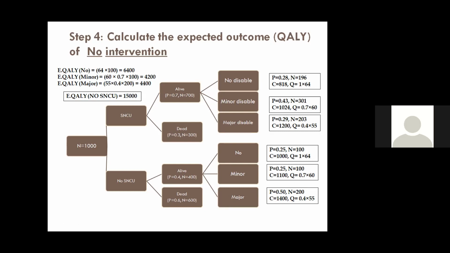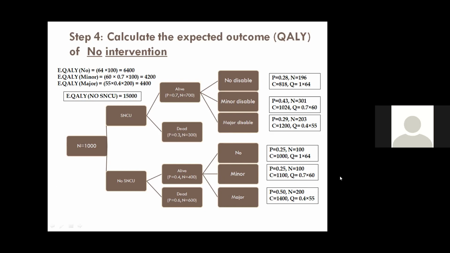So if a newborn is alive and not disabled, and life expectancy is 64 years, then 1 multiplied by 64, that is 64 quality adjusted life years will be generated. Since 1 means perfect health, it is 64 years of perfect health. And then there are 100 children, so 64 multiplied by 100 is 6400.